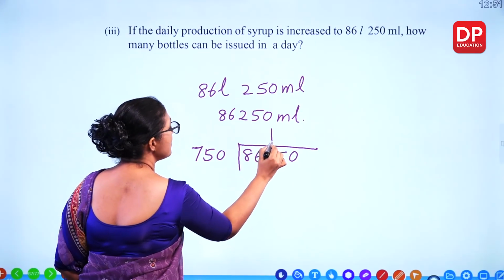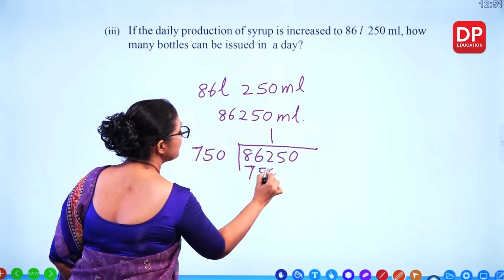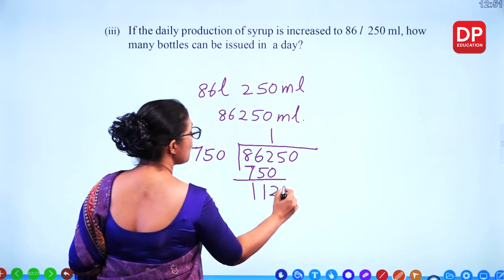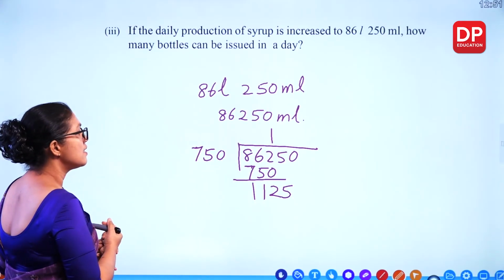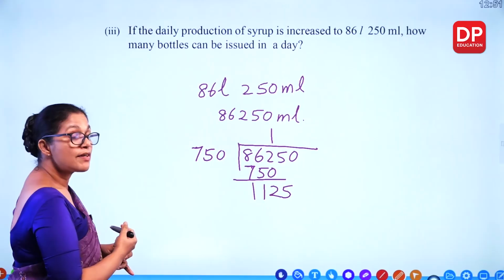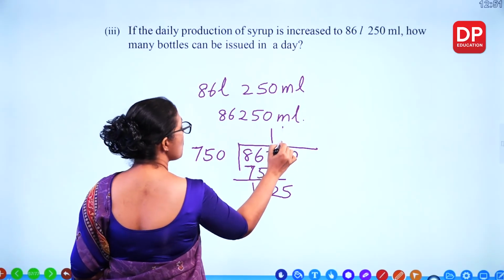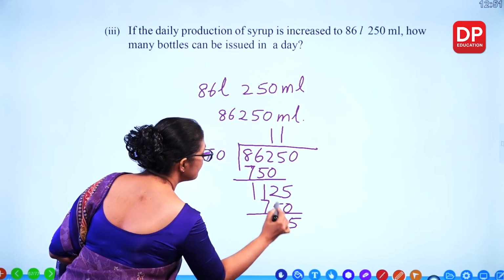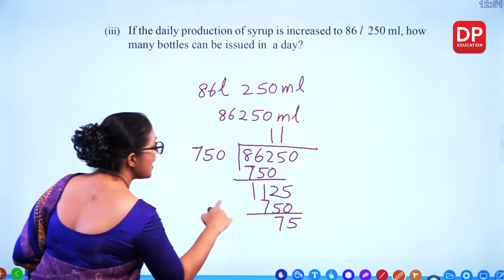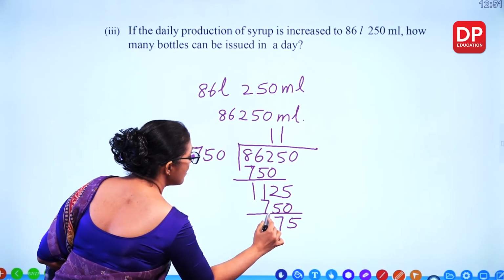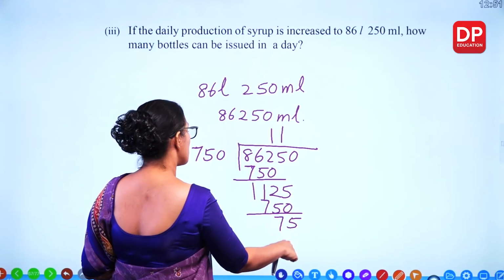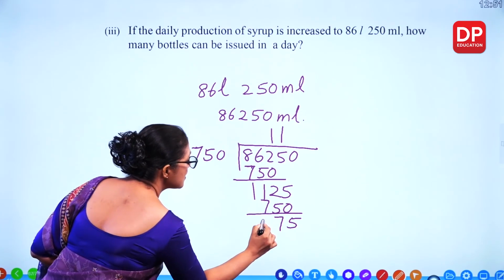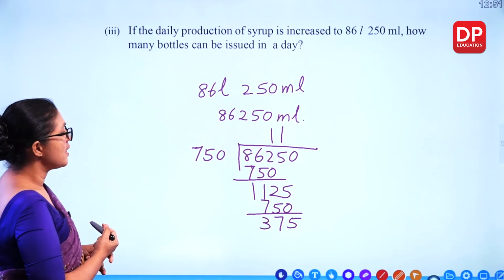So you get 86,250. So here 1, 750. Subtract, 112. So take this 5 here. You get 750 and 750, 1,500. So just 1. When you subtract, you get 5 and 12 and 8, here 3. 375.